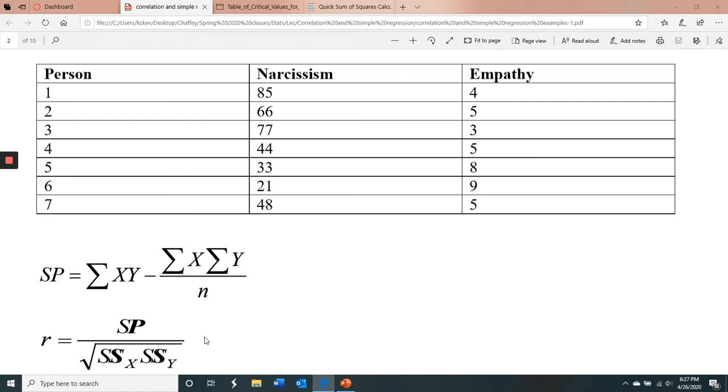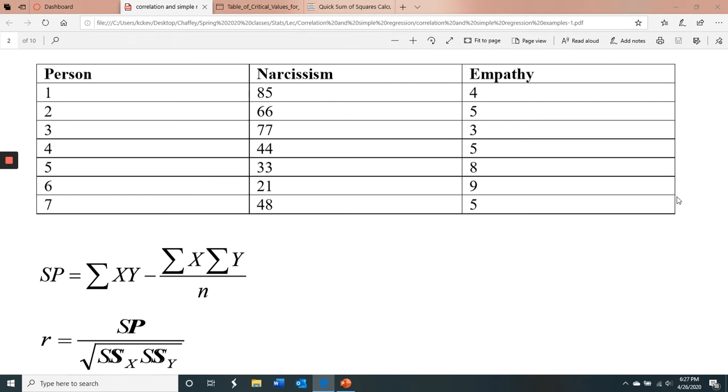Remember to do the little worksheet. Multiply the narcissism score with empathy, so you'll have a column here of XY. Once you have that new column, add up the sum of X, the sum of Y, and the sum of XY.